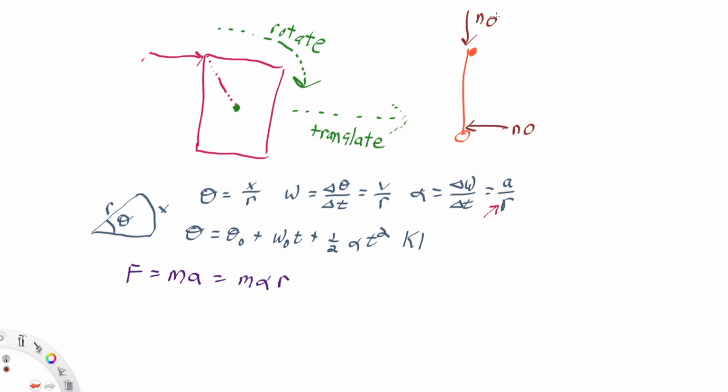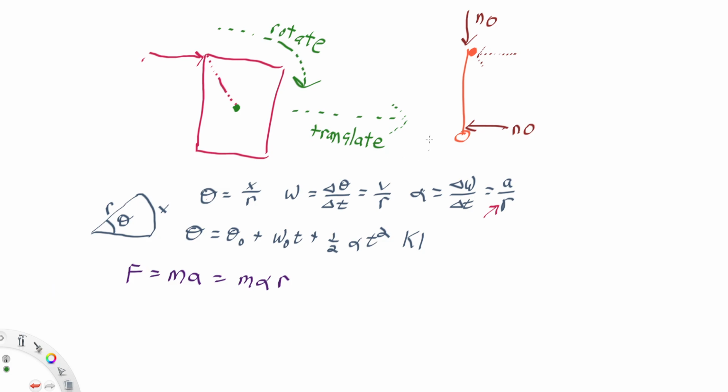So we kind of understand that what we need is a force that is both distant from the rotational point and also which is perpendicular to the thing being rotated.